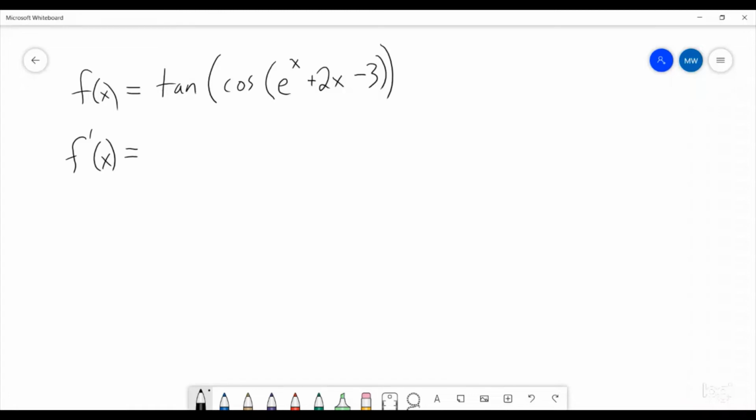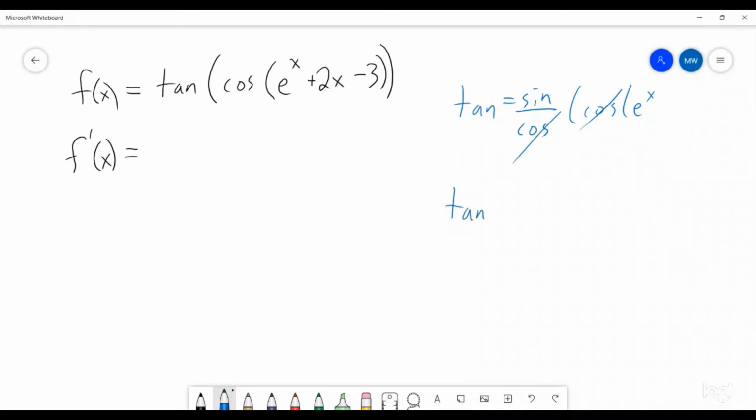Okay, a very common mistake with this one, so be very careful with this, is a lot of students would write tangent, well that's sine over cosine. So it's sine over cosine of stuff, and then they say, oh, I can just cancel those cosines. That is not true. Okay? We cannot cancel them that way, because this is tangent of cosine, not tangent times cosine.